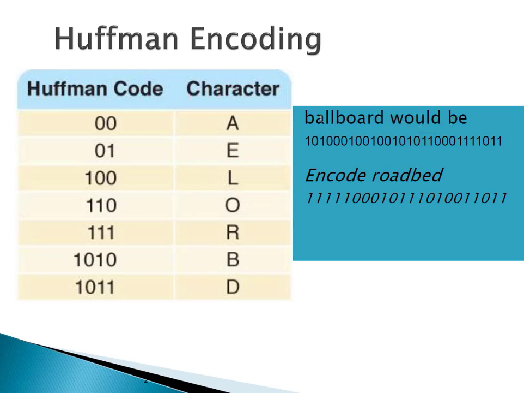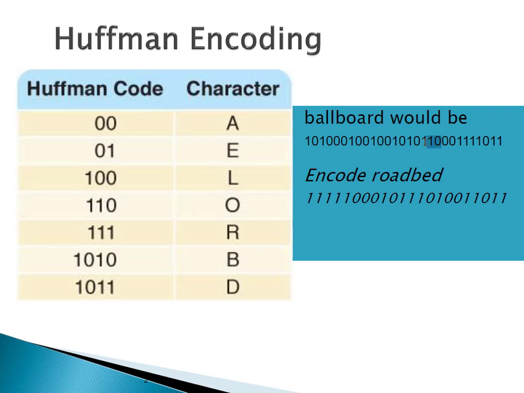Then we have to code the A, which is encoded as 00. Then we have an L, which is encoded by 100, and we do this twice because it's LL, so 100, 100. Then we have to encode a B again, and if you remember from before, the B is 1010. Then we have to encode an O, which is 110.